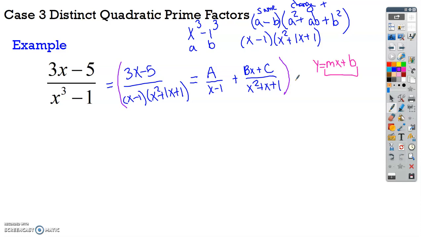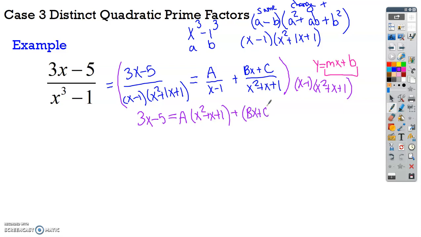Okay, so I multiply through by the common denominator. On the left-hand side, I just have 3x minus 5. My a is left with x squared plus x plus 1 because the x minus 1 canceled. My bx plus c is left with an x minus 1.